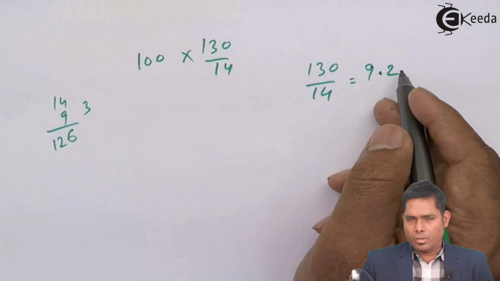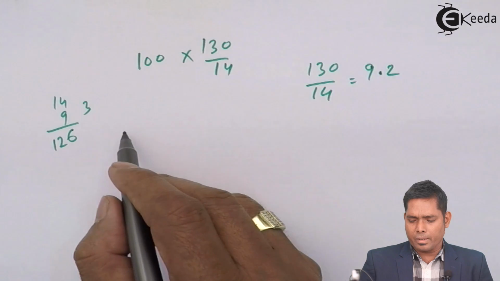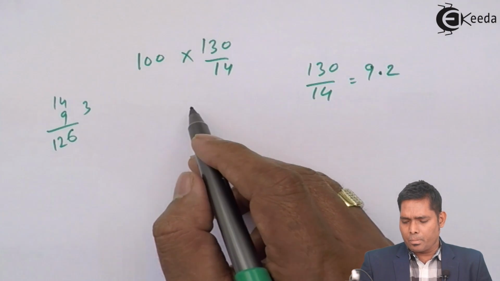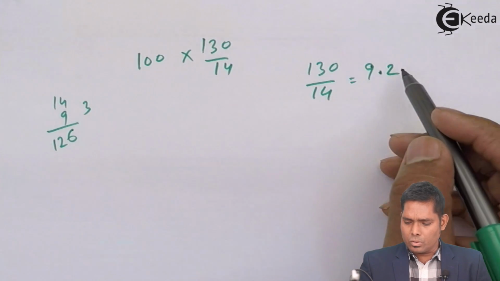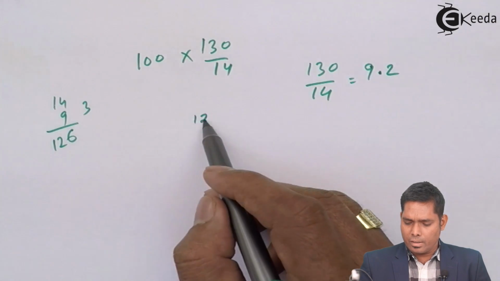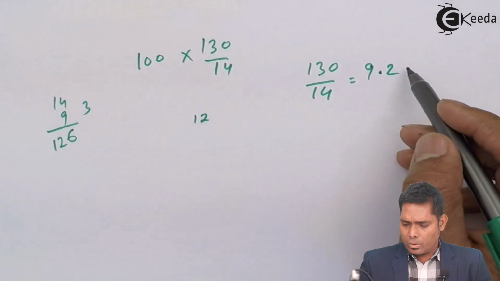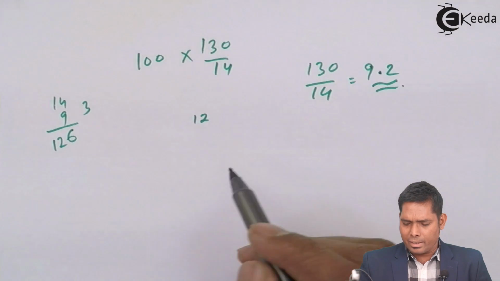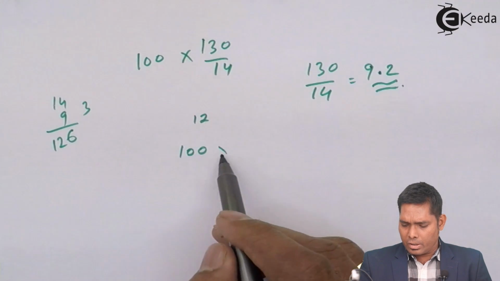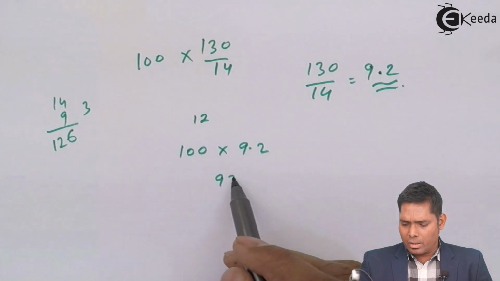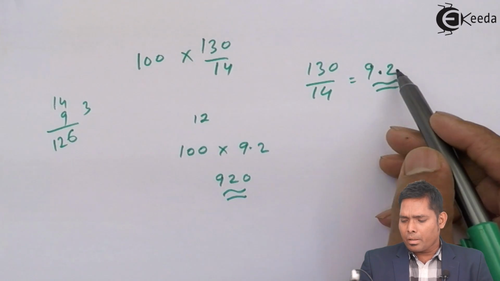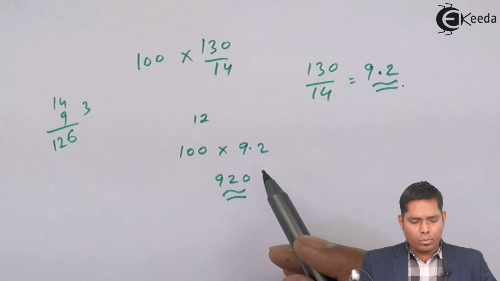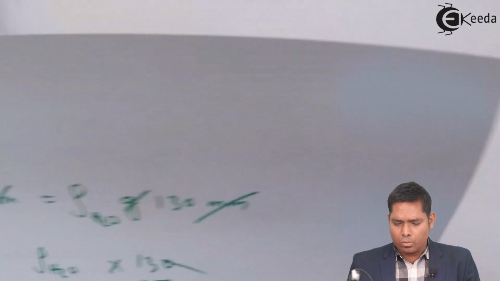Whatever is left, 40 minus 28 is 12. So 9.2 is already there, and 12 is left. If I approximate like this, then 100 into 9.2 is 920 approximately. If I further calculate, then it will be more than that. So it is 928.